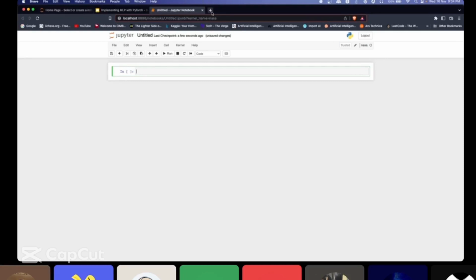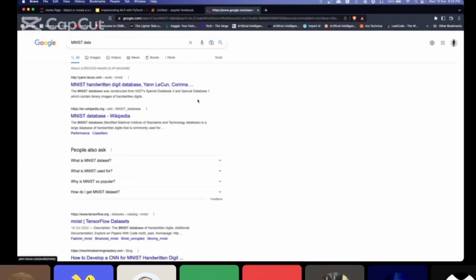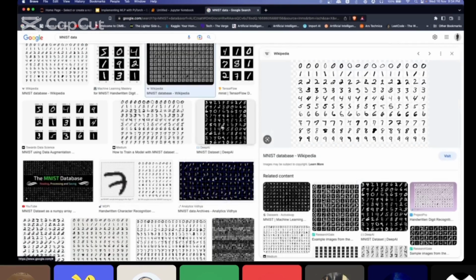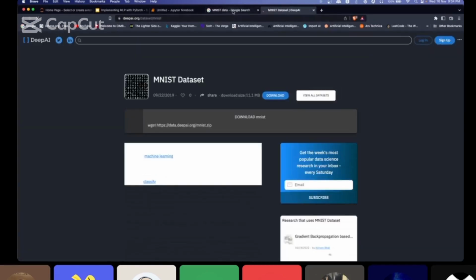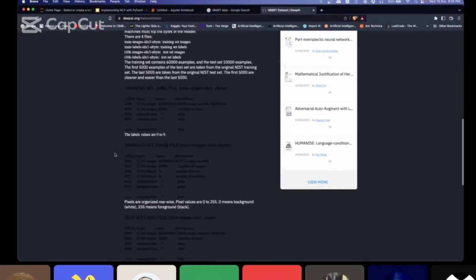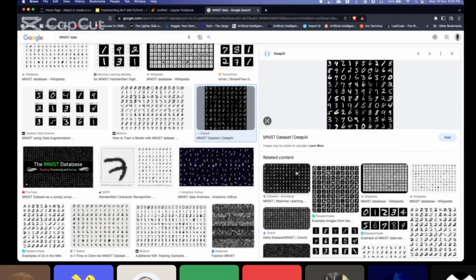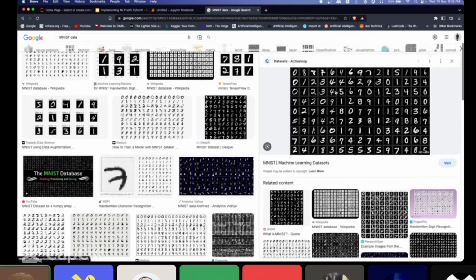Okay, the MNIST dataset is just some handwritten digits like this. I'm just going to show you the image. So the MNIST dataset is the handwritten digits that we are trying to train our neural network on.